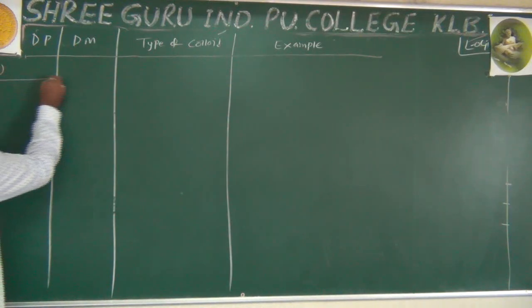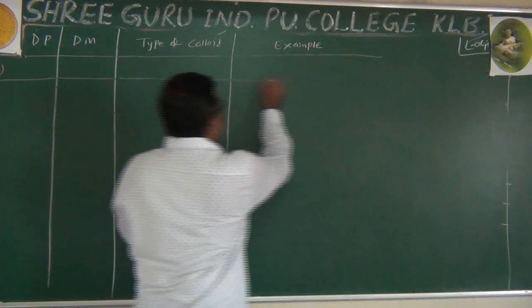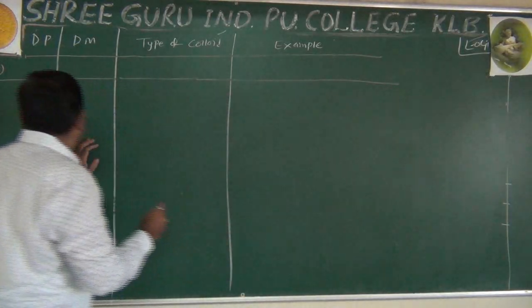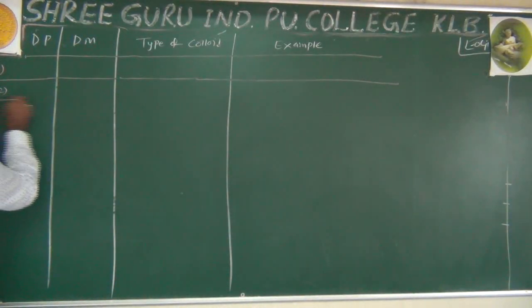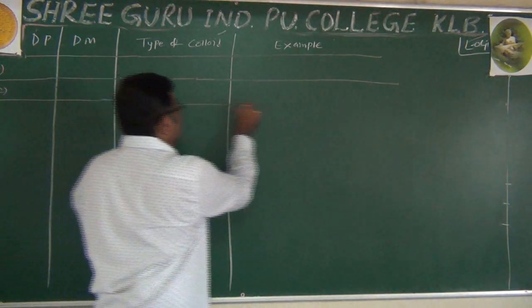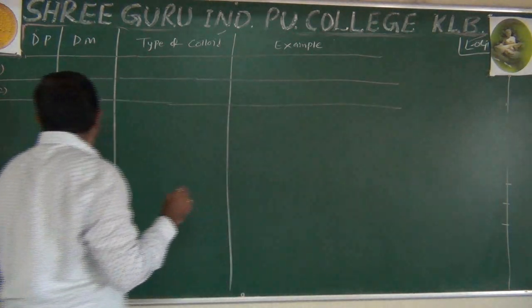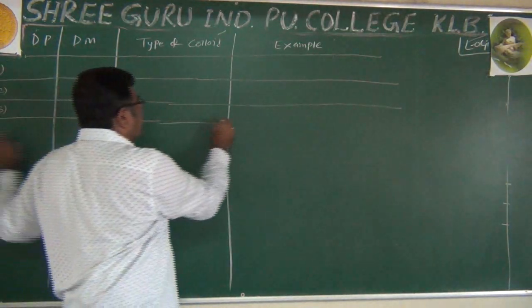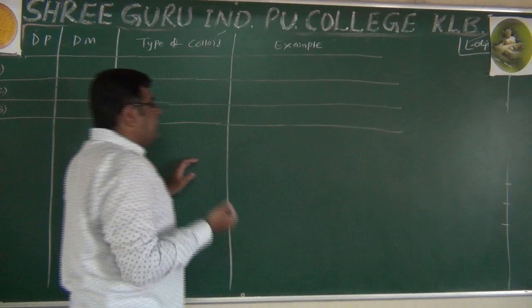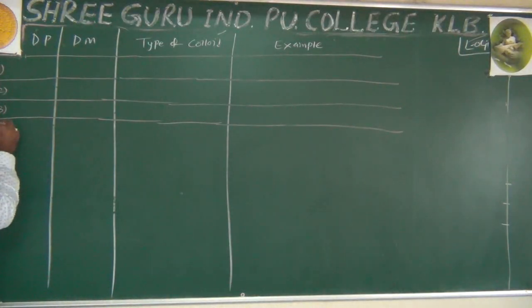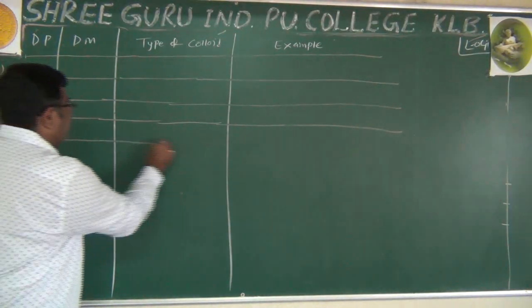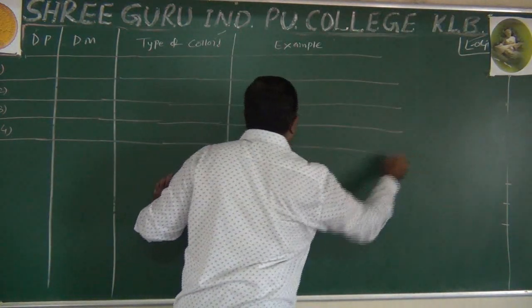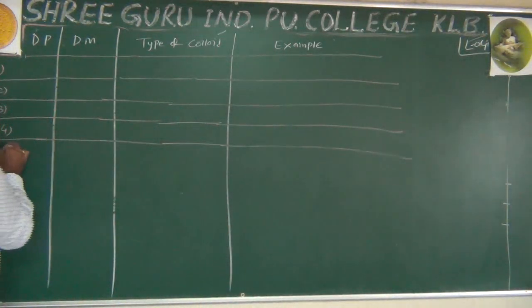See which are the 8 types. Just make this table first. You also make the table so that your time is also saved, or these rows may already be made in your notebook if you are using ruled paper.